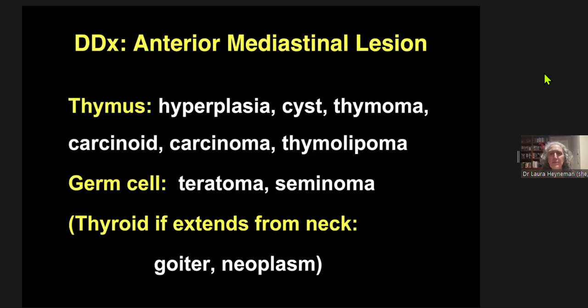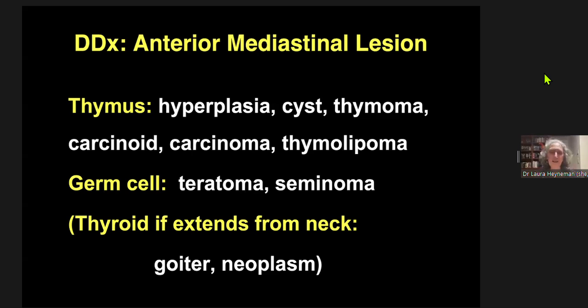Because the anterior mediastinum contains thymic and germ cell remnants, you can have a host of lesions involving the thymus or germ cells. So you can have thymic hyperplasia, thymic cyst, thymoma, thymic carcinoid. The list goes on. There's a huge number of thymic lesions.